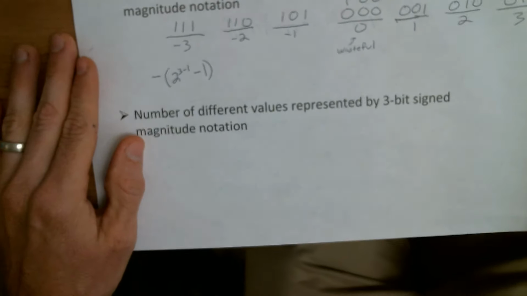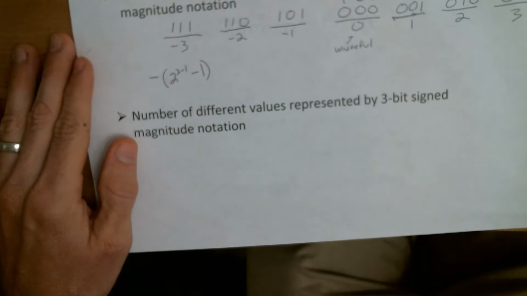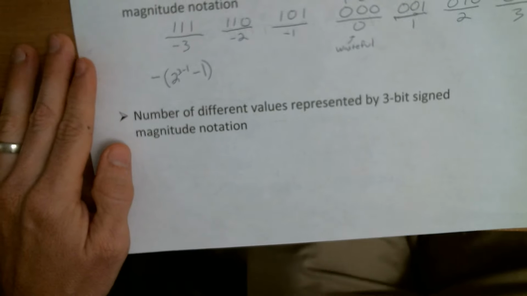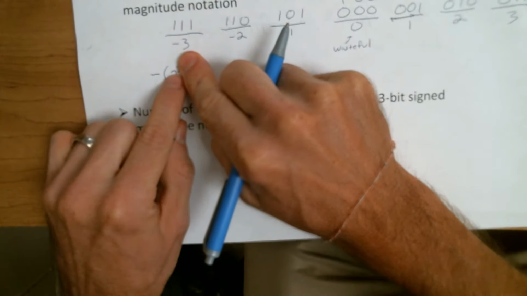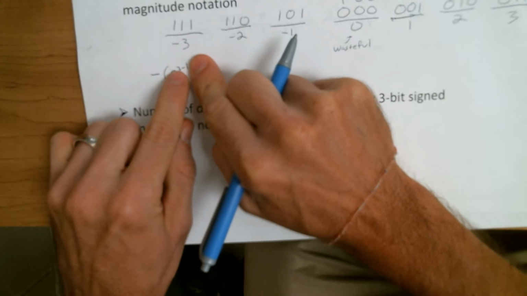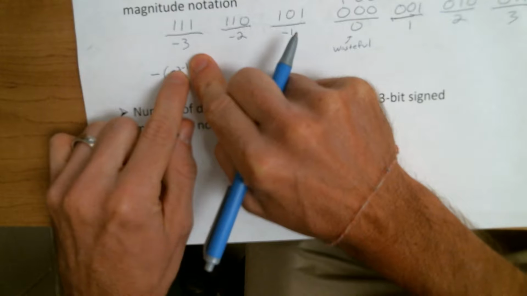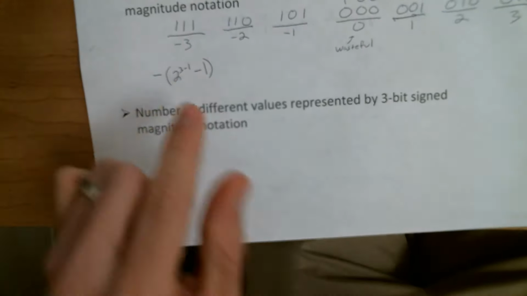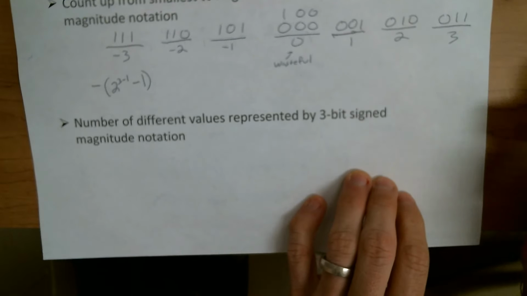All right, and you might say to yourself, well, that seems really complicated. Yeah, but it's going to be easier once we're dealing with like 7, 12, 15 bits than trying to count everything out. So it's 3 bits, so it's 2 to the third. We're subtracting away one of those because we had to waste a bit for the sign, and then we subtract 1 from that total because we have to represent the 0.